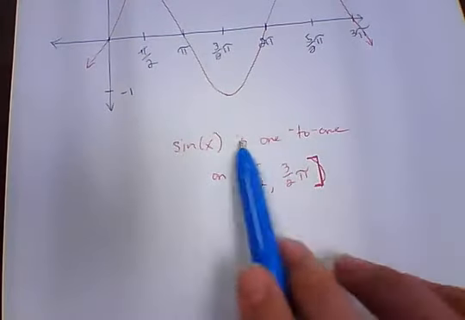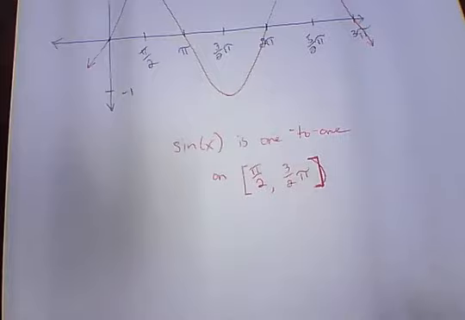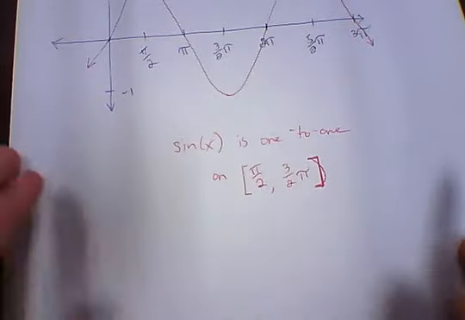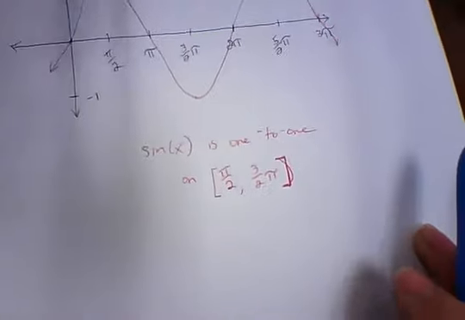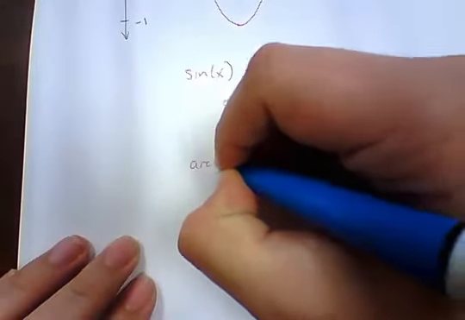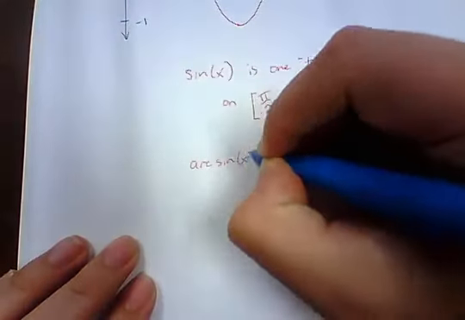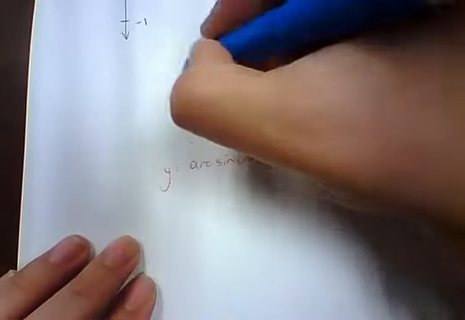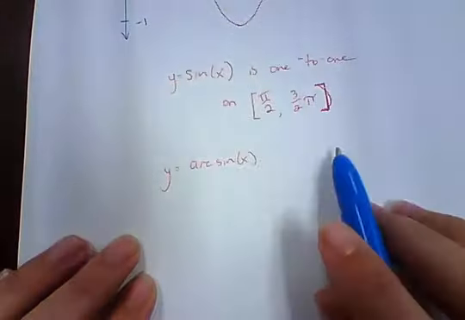And so we know that it's 1 to 1 for this interval, so that means that for that interval, and all the other ones I just pointed out, the whole function, right? Pardon me. Make sure you have your y equals in there.